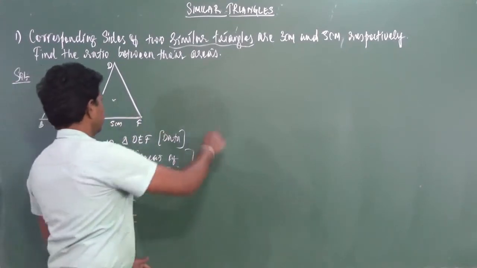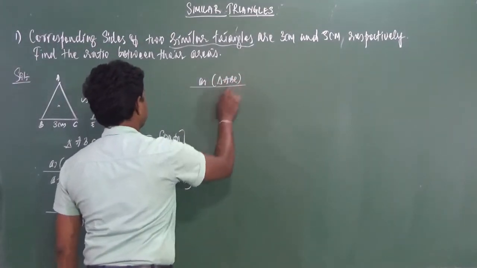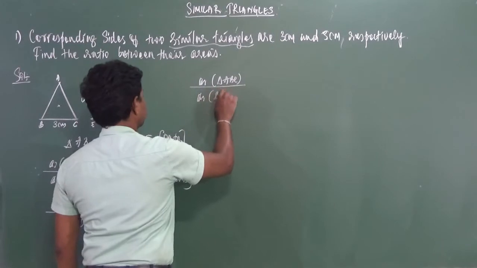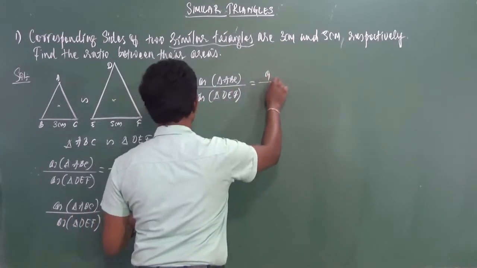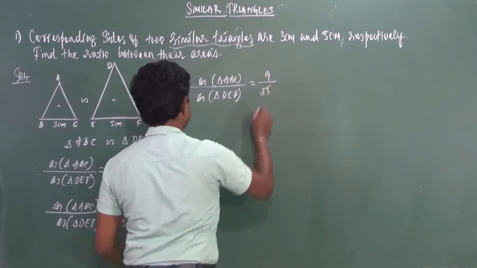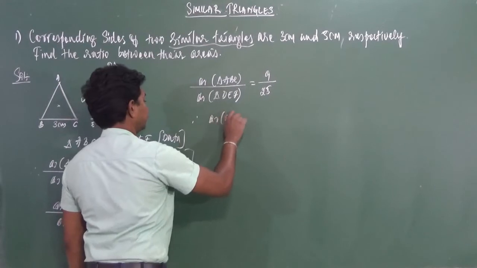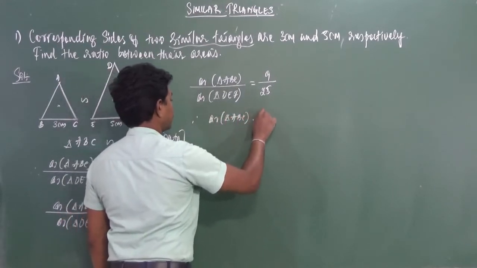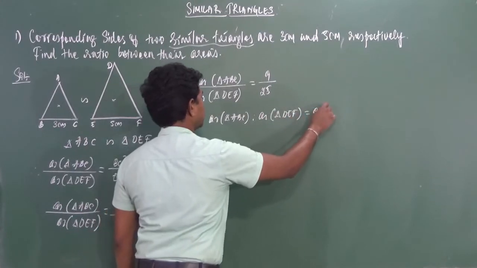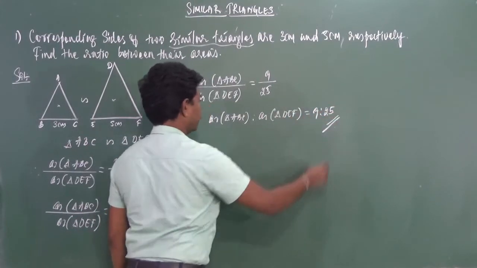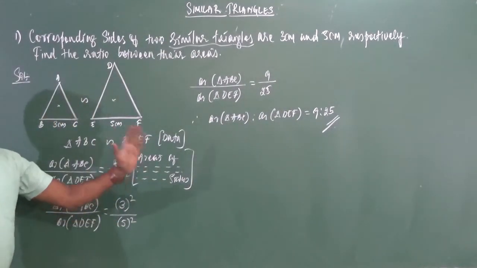So area of triangle ABC by area of triangle DEF is equal to 3 square is 9 and 5 square is 25. So therefore, what is the ratio? Area of triangle ABC is to area of triangle DEF is equal to 9 is to 25. So the ratio between the areas of two similar triangles is 9 is to 25.